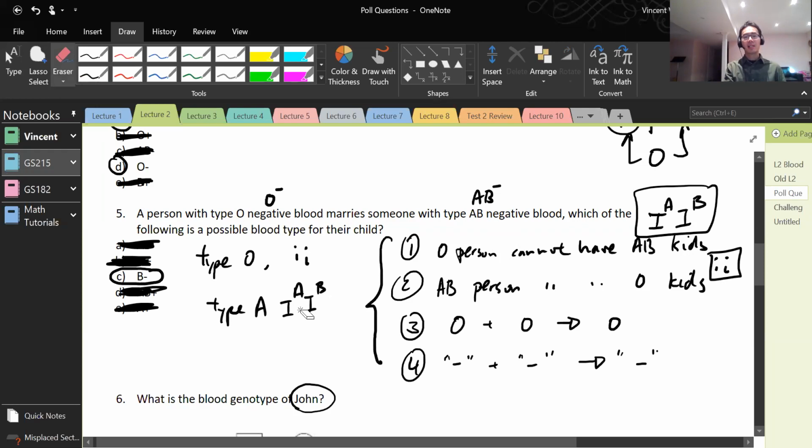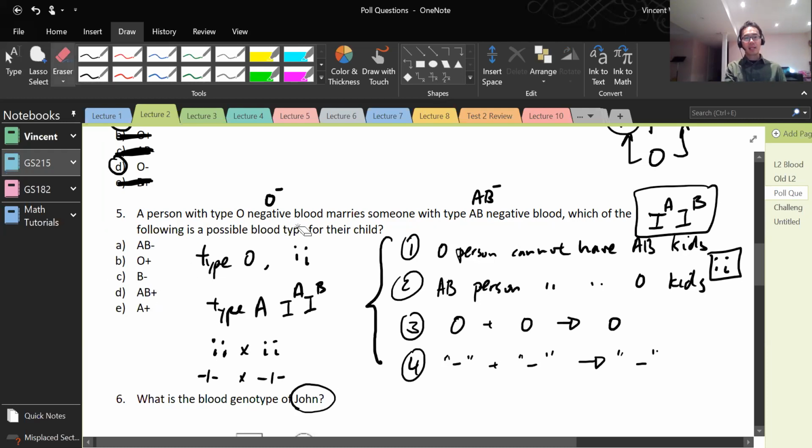For that reason, if you're AB, you won't be having O kids. If both parents are type O, then they are little i and little i, and that's all they're going to have. Their whole family is going to be little i. Same thing for negatives. If both are negative, then they can only pass on negatives.